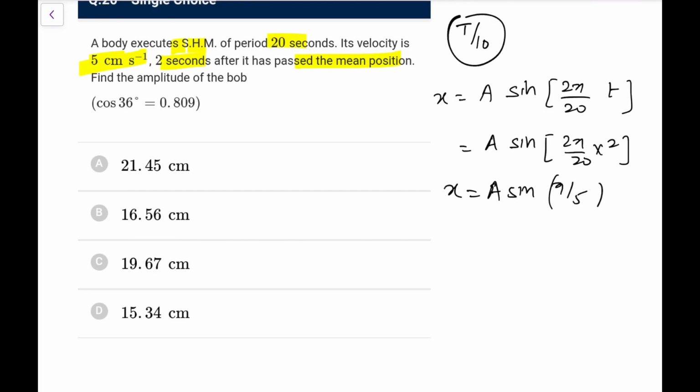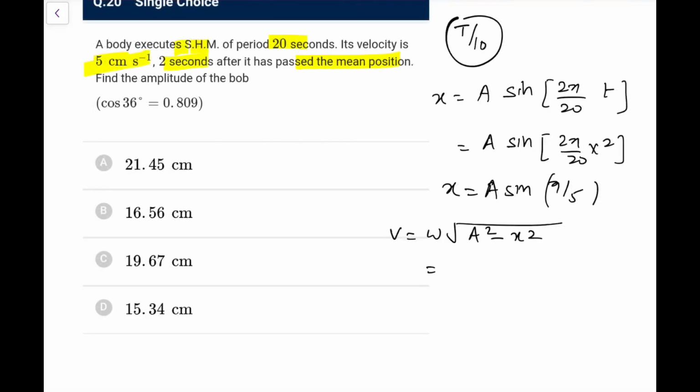This is the coordinate x. So it is A sine of pi by 5 you are given. Now sine pi by 5 is sine 36, and cos 36 is given, so we will work with cos 36, because we will write v is equal to omega under root of a square minus x square. Omega is 2 pi by 20, a will be common, 1 minus sine square theta will come out as cos square theta.